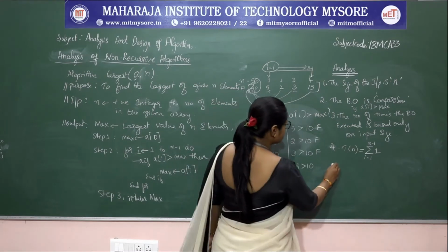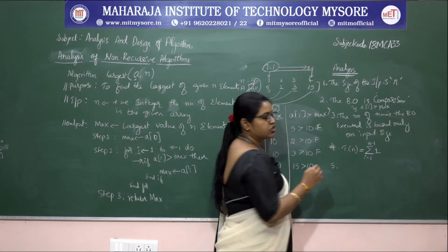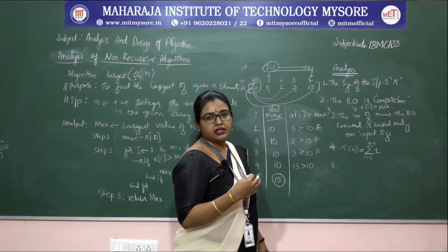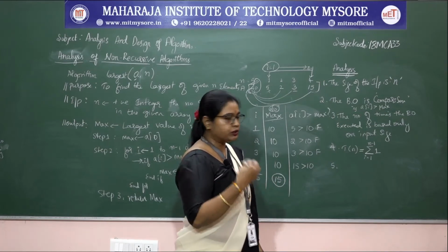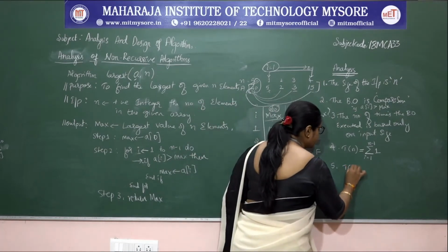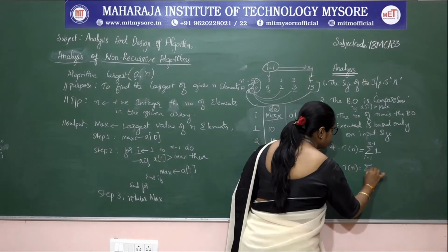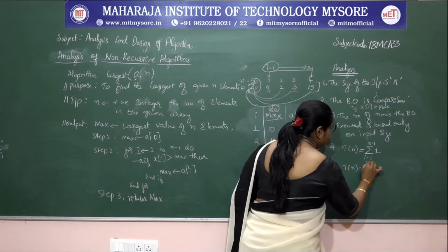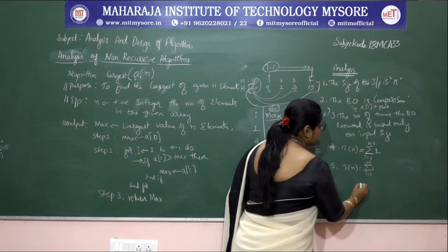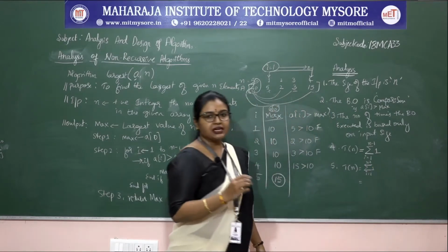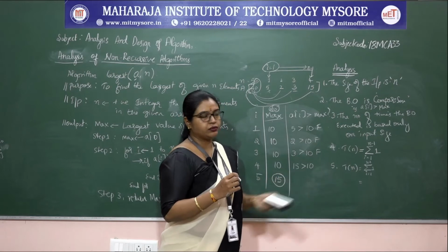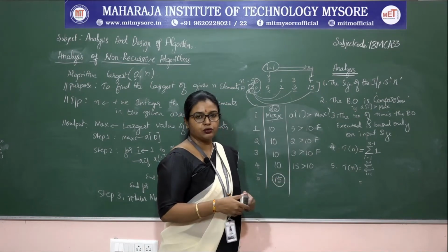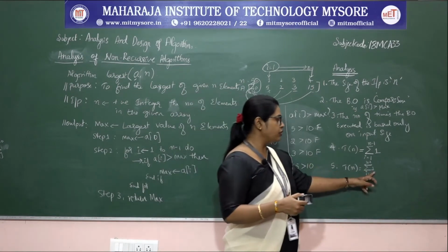So the fifth step is we need to solve the above summation equation and represent it in an order of growth. So now T of n is equal to the sum of I equals 1 to n minus 1 of 1. In the last class I told you which formula we need to use whenever we have a constant term here.